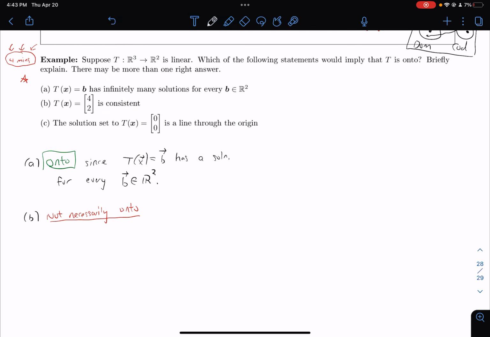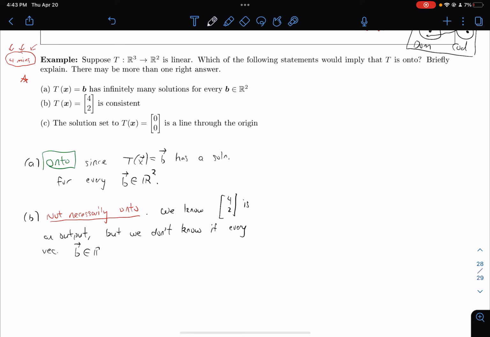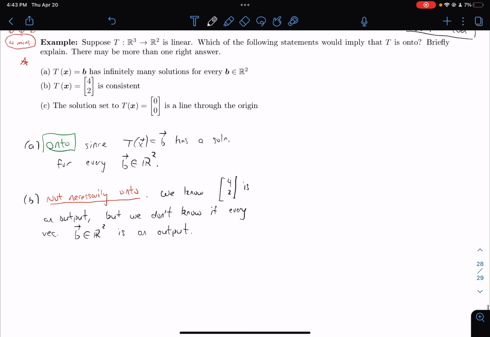We know (4, 2) is an output, but we would need to know that every vector b in R2 is an output, and we don't know that. So part B does not necessarily mean that T is onto.